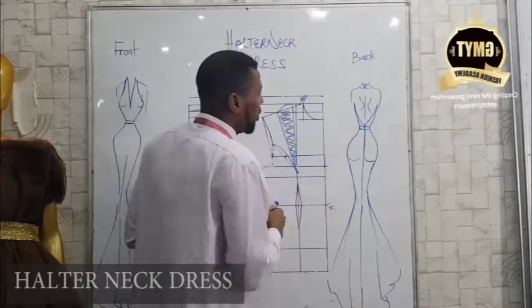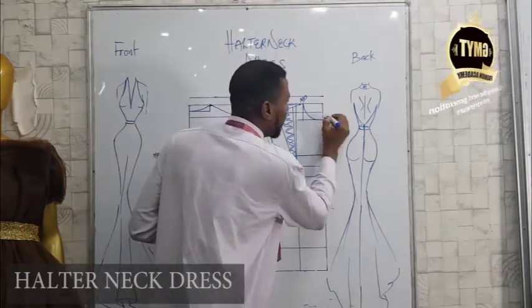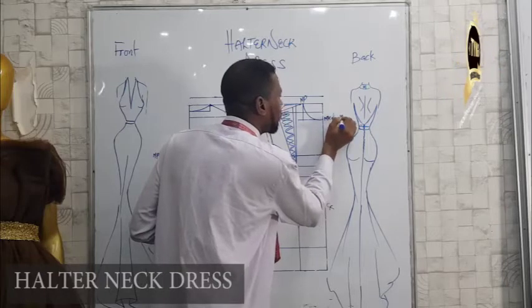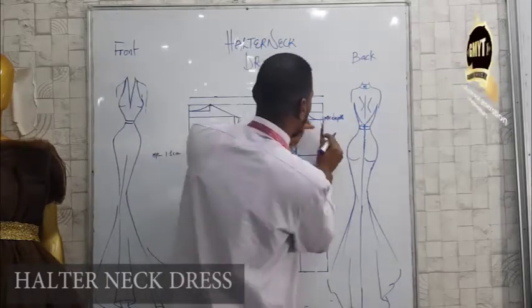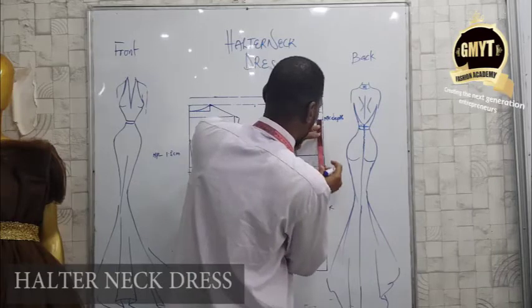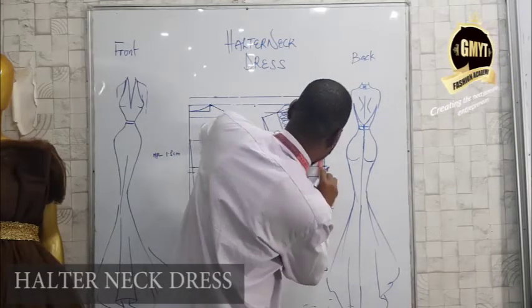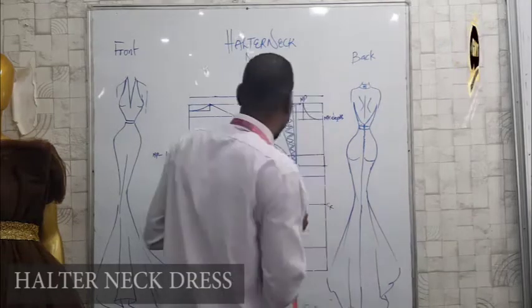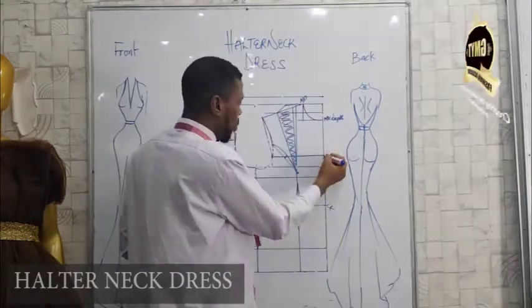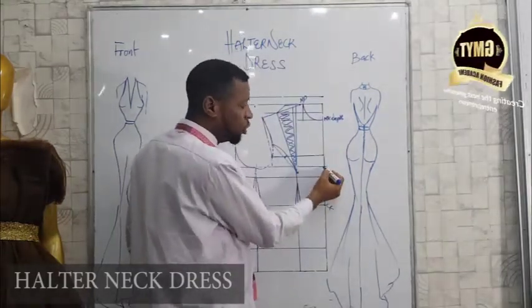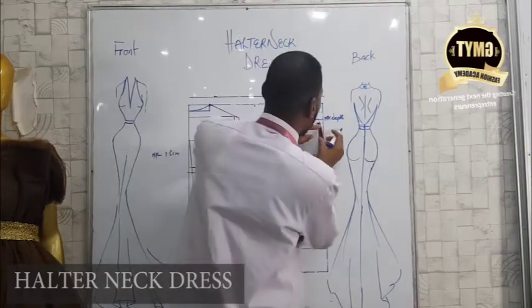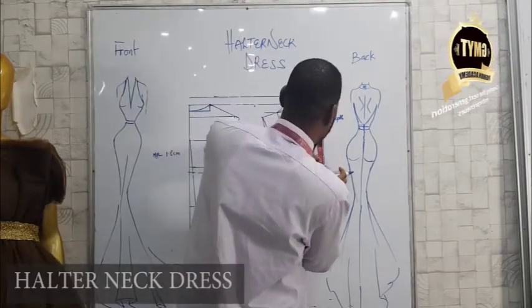So for me, from my neck depth, which is here, I'm going to measure 18 cm. If you're not measuring 18 cm, you can stop either on your chest line or on the bust line. But for me, I'm working with 18 cm.